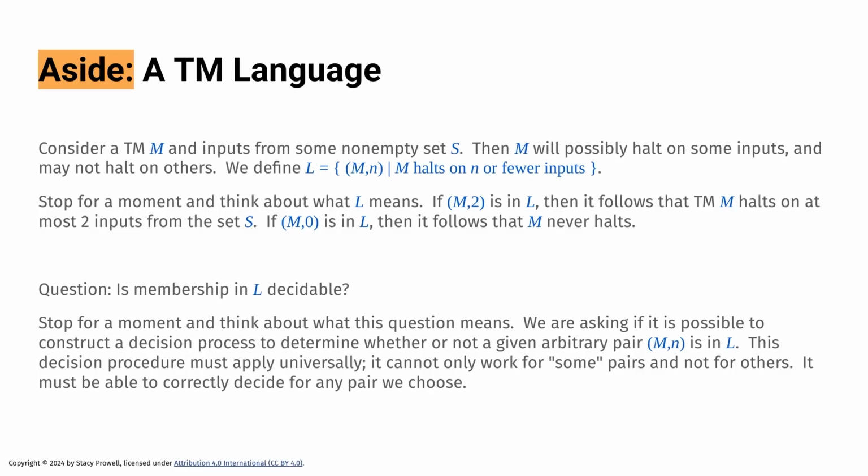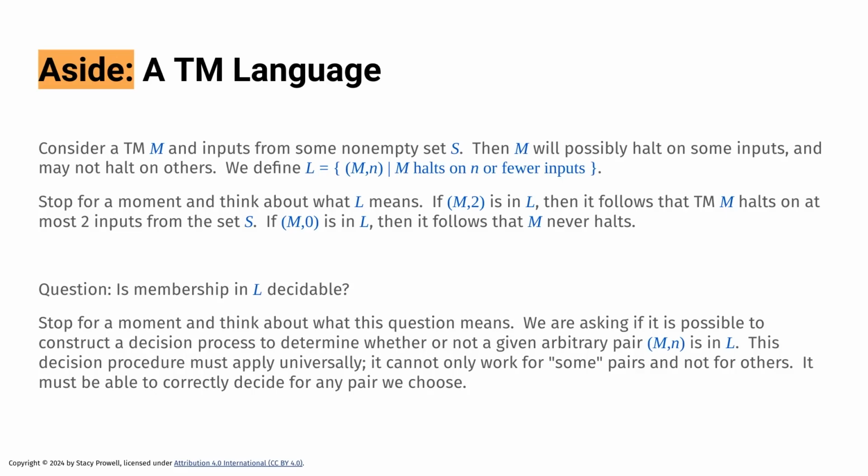Now, the question is: is membership in L decidable? Can I give you an ordered pair of a machine and a number, and you tell me something about it? By decidable here, I mean, can you construct basically another machine that, when I give it the input, let's say some Turing machine and the number 5, it's going to tell me if that ordered pair is in L. Now, it's fine if it works on some, but not others, right?